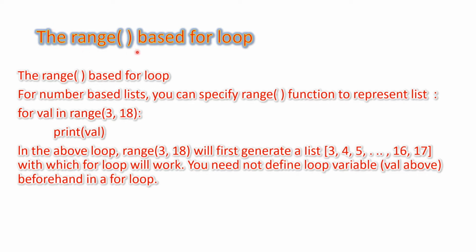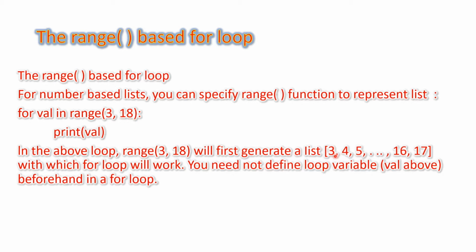Now see the range-based for loop. For a number-based list, you can specify a range function to represent a list. In the example, for val in range 3 to 18, it will print val. So the val variable will have the values 3, 4, 5, 6 up to 17, meaning less than the last value.